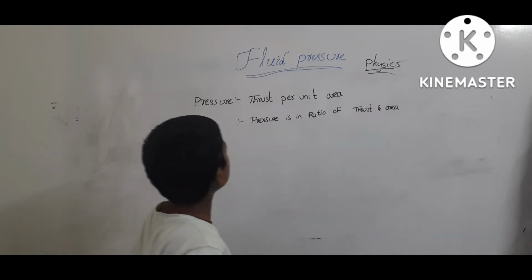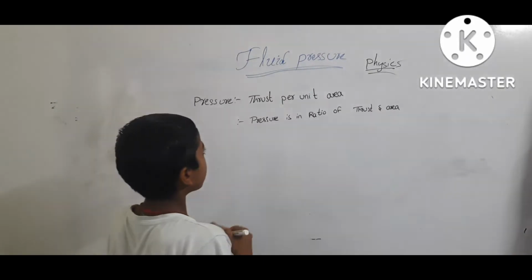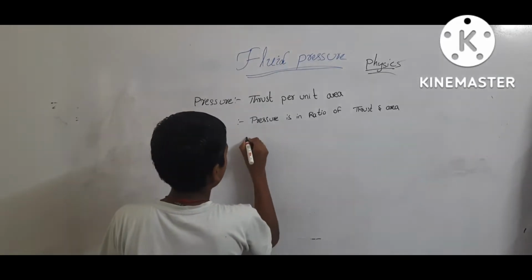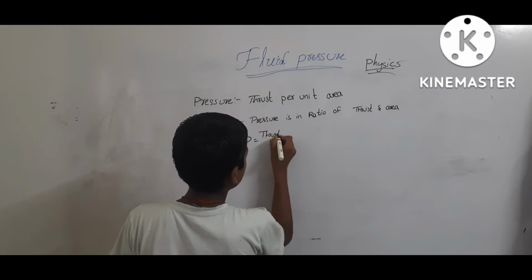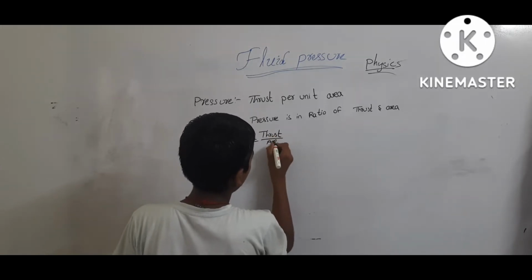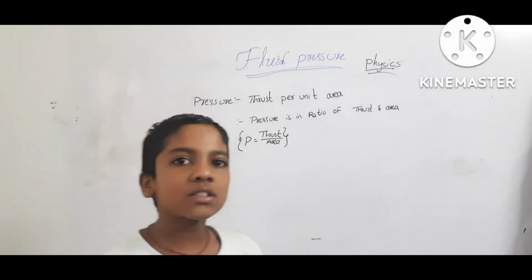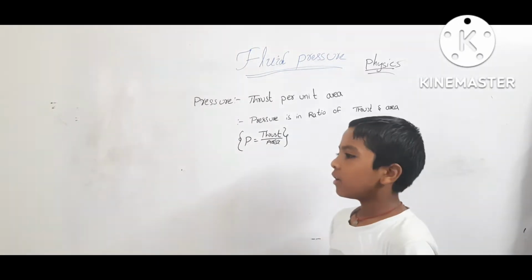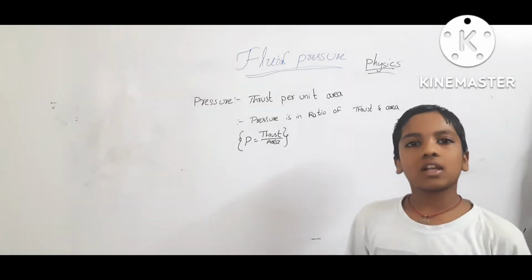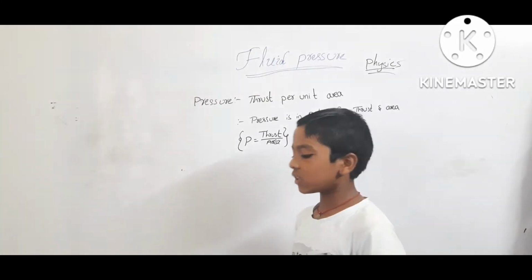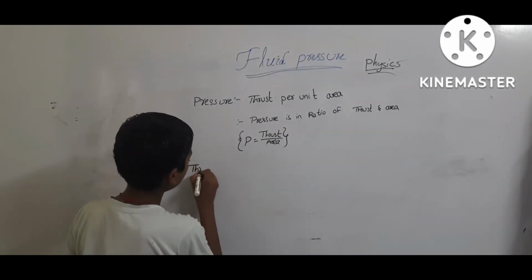From these two definitions, you understand the formula of pressure: P equals thrust by area. What is meant by thrust? What is meant by area? You know about area; in previous classes, or in 5th, we discussed area, and now we will discuss thrust.